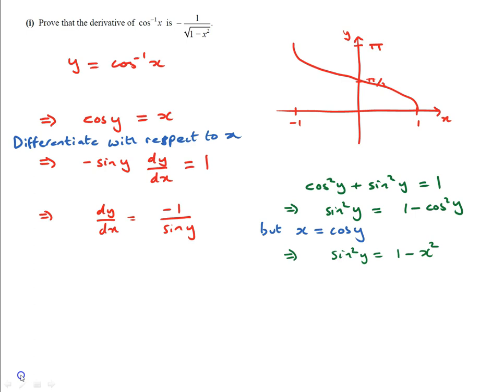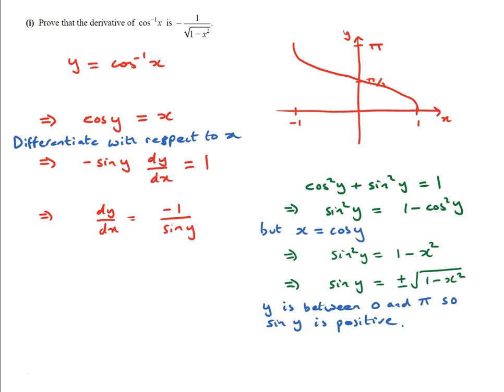So that means that we know the value of sine y is either the positive or the negative square root of 1 minus x squared. But the value of y lies between 0 and pi. So the value of sine y is definitely positive.